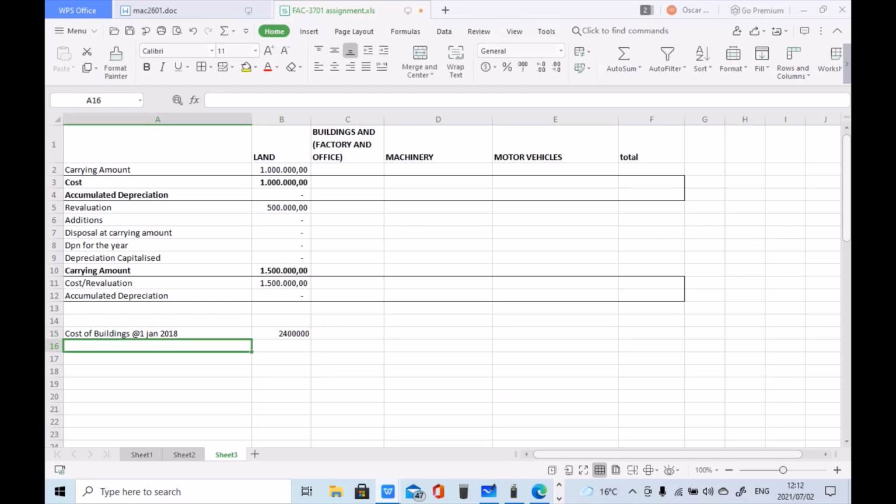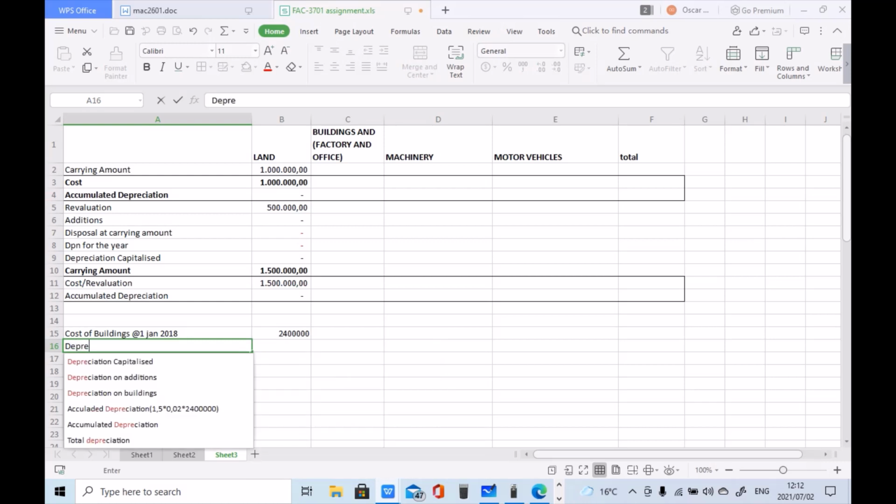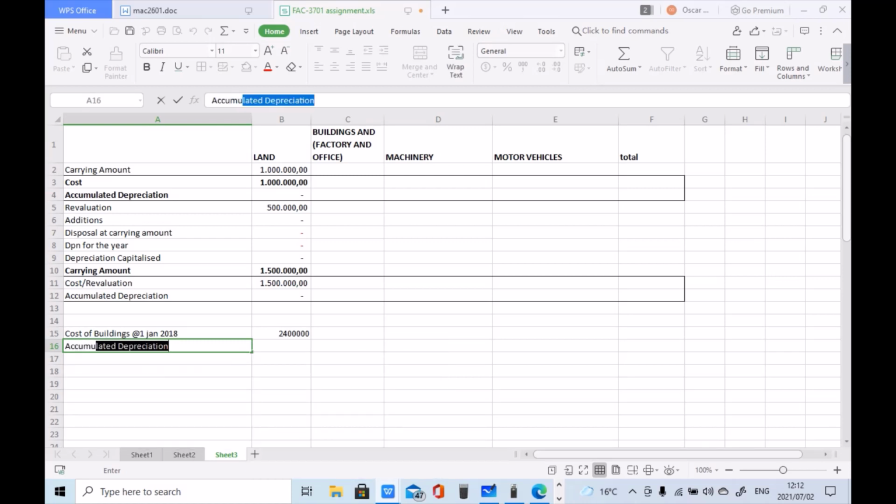Alright? Depreciation there from the date that it was available for use. Let's say accumulated depreciation. Depreciation up to the beginning of the current financial year.